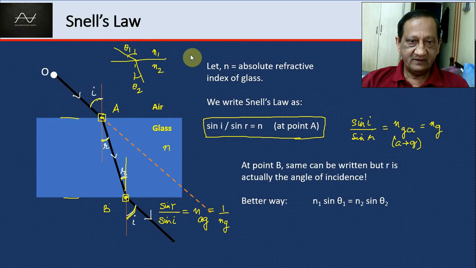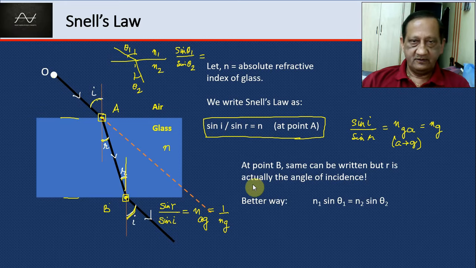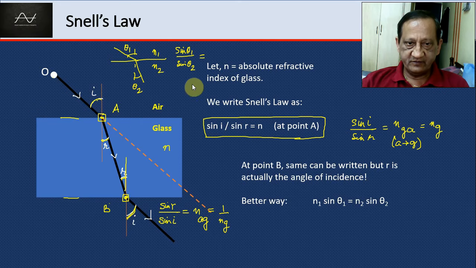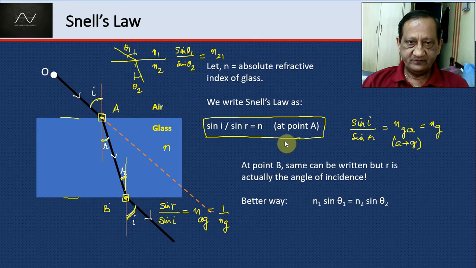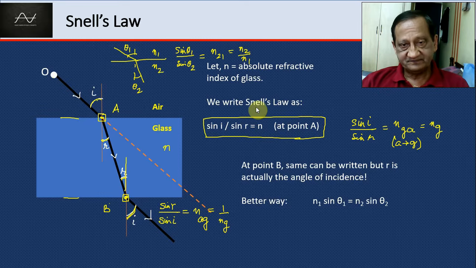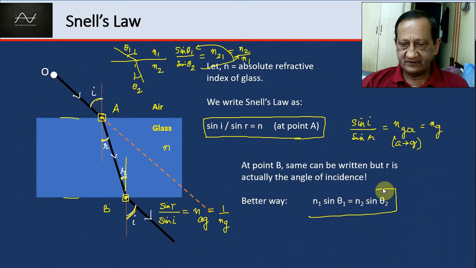Now sin I by sin r, sin theta 1 by sin theta 2, it is going from medium 1 to medium 2, and this will be equal to n of 2 with respect to 1. And going back to that formula, n21 was n2 by n1. So we can write n1 sine theta 1 is equal to n2 sine theta 2.